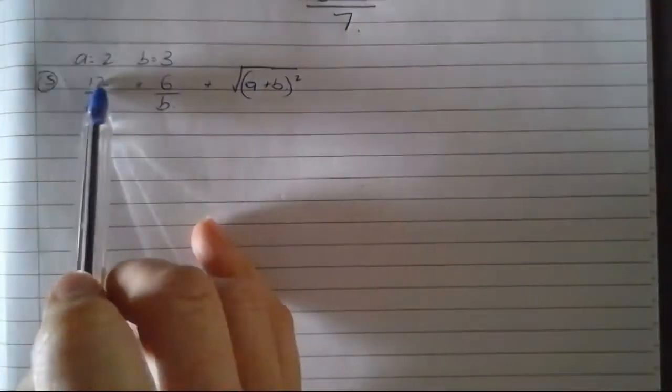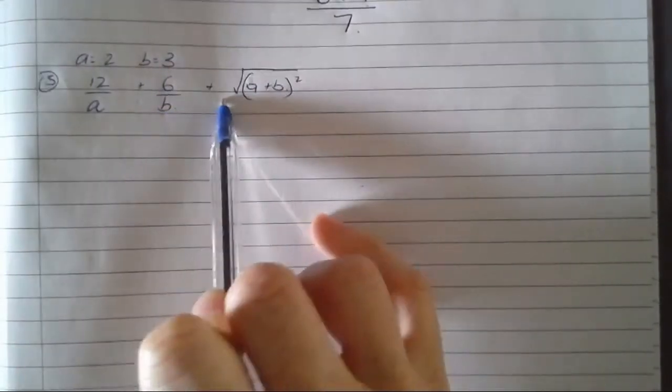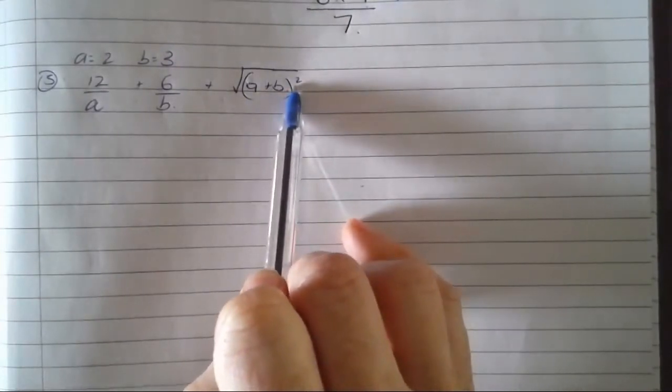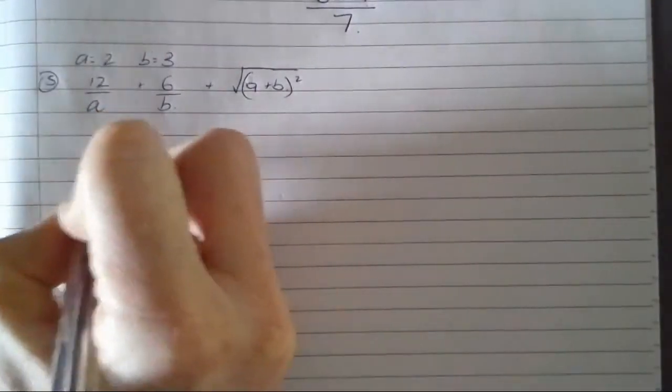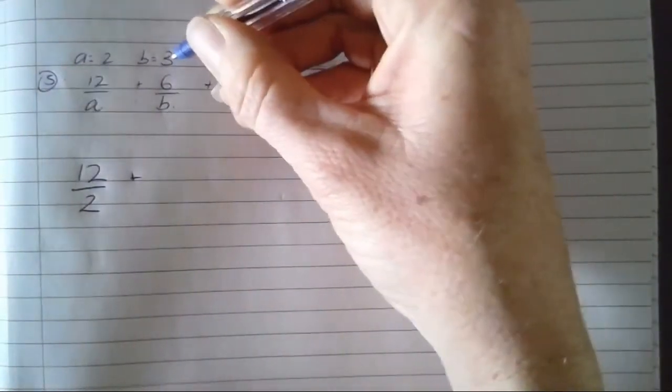So I've got 12 over a plus 6 over b plus the square root of a plus b squared. Okay, so insert my values first. 12 over, a is 2 in this example, plus 6 over b, and b is 3.